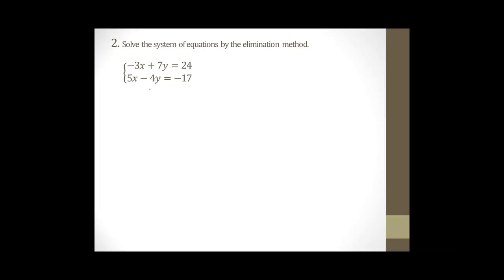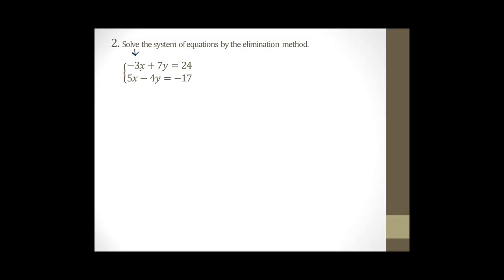So looking at this system, I would probably choose to cancel out the x values. Just because they have smaller numbers, and I guess I like x better. But it doesn't matter, you should still get the same answer even if you started with your y value.